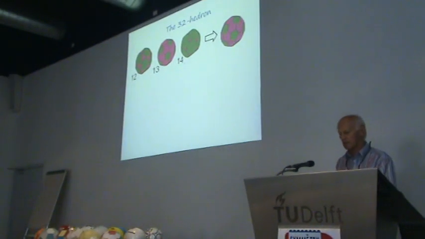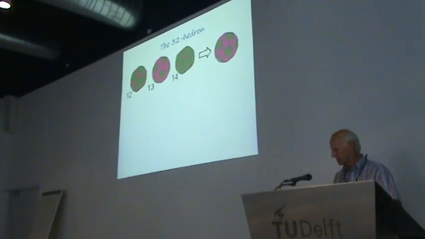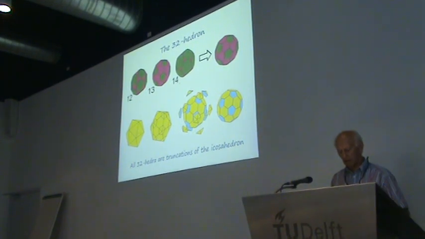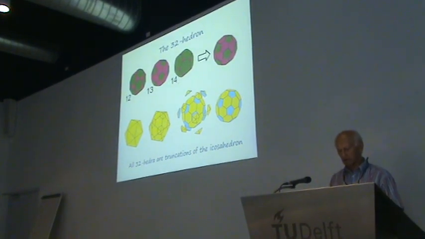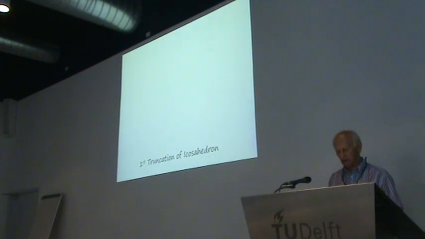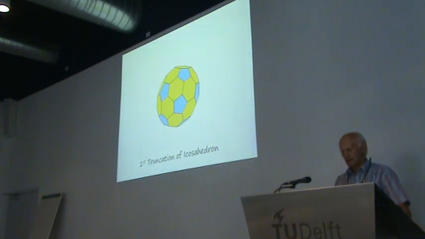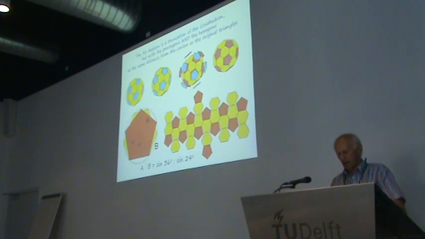But this forms the basis of three different polyhedra. You see it is done like this. First of all, this is the truncation itself. And this is the end. This is what I call the 32-hedron that you find.